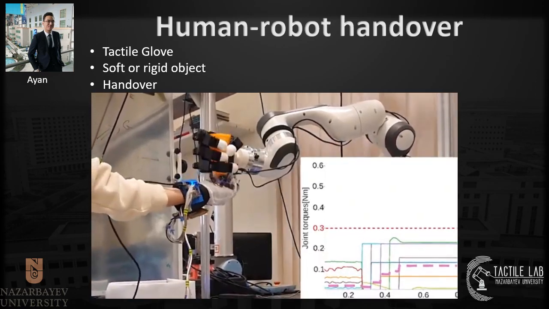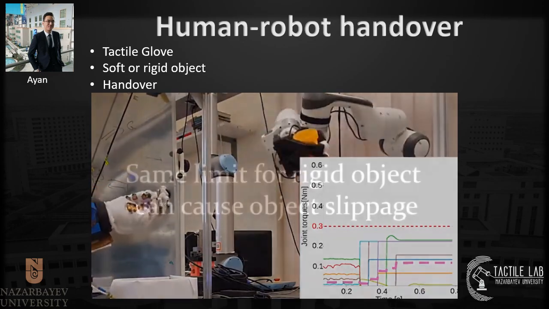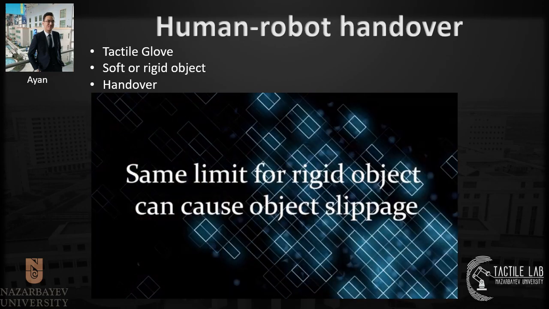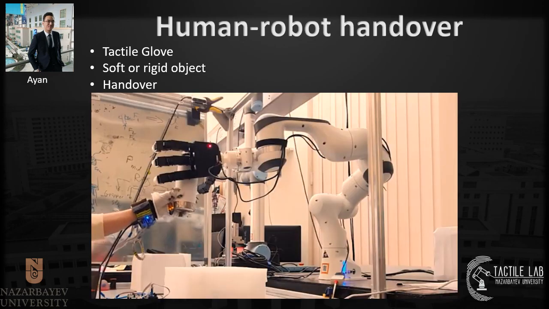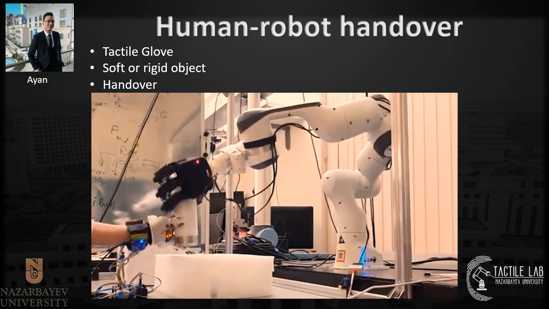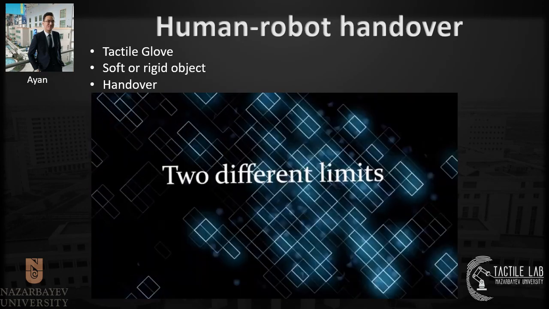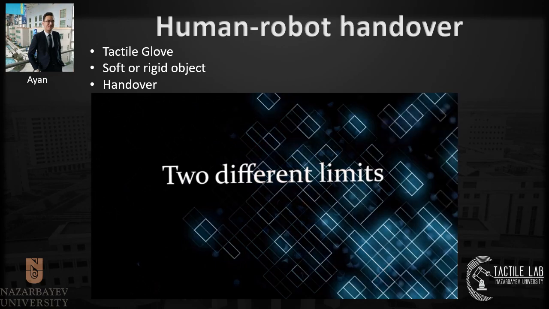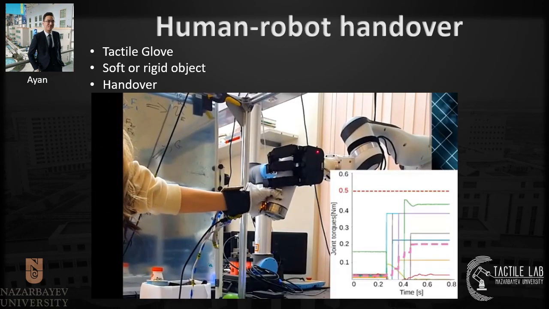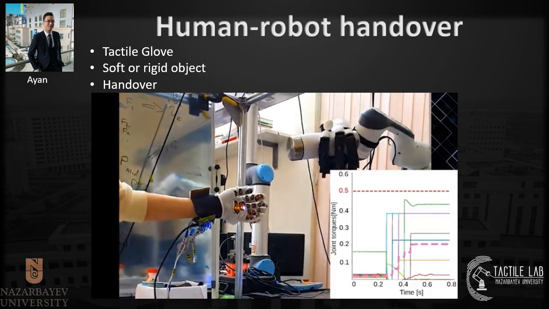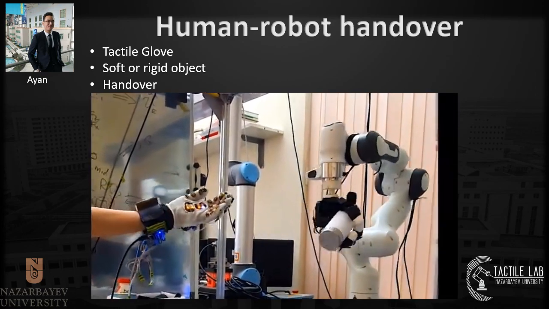But if we use this upper bound for every object, including rigid ones, then the object may slip because of insufficient force. We use 2 limits for soft and rigid objects. Thus, to know which one of the limits to use, we introduce a prior-to-pass classification of soft and rigid objects.